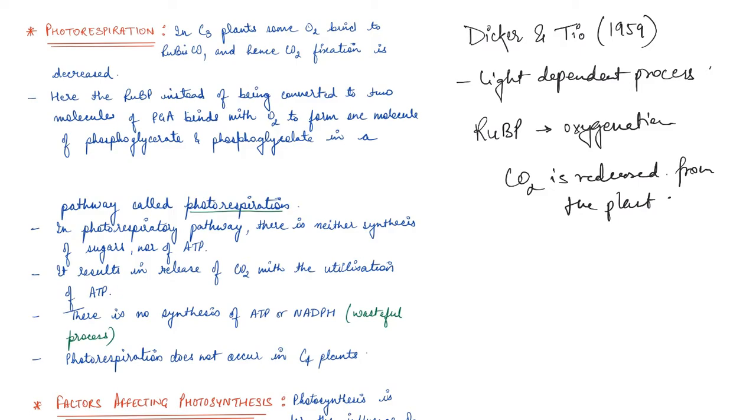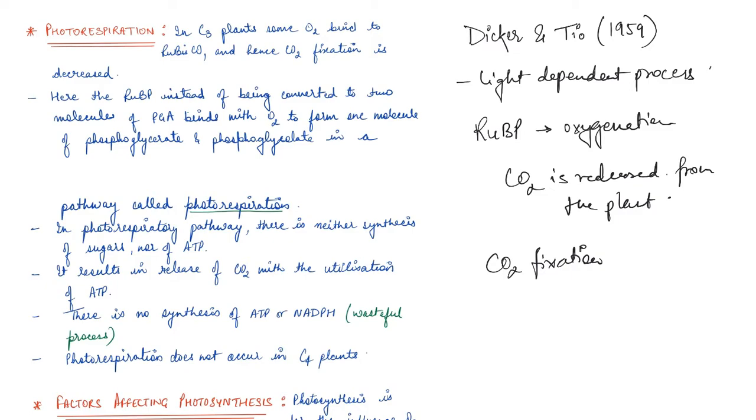Now in order to understand this, let's first go back and see what was the first step of the Calvin pathway. The first step of the Calvin pathway was CO2 fixation, carbon dioxide fixation, that's right.